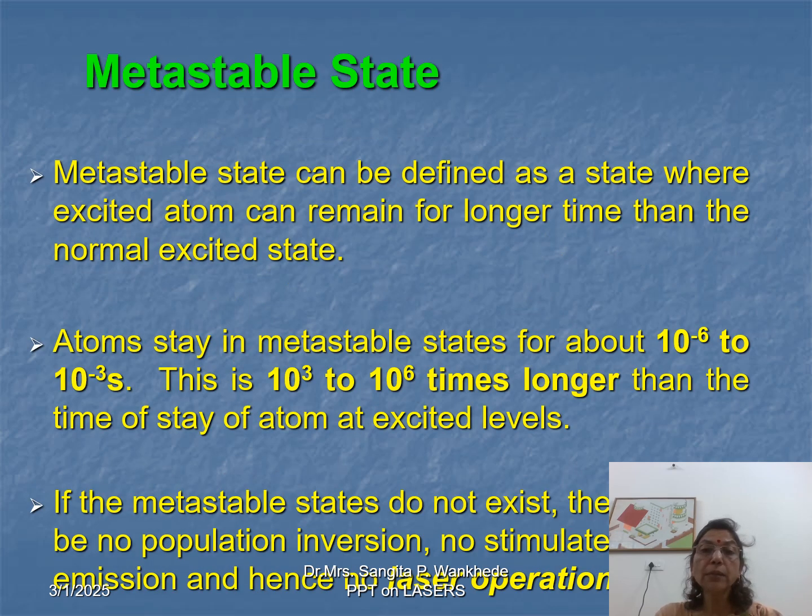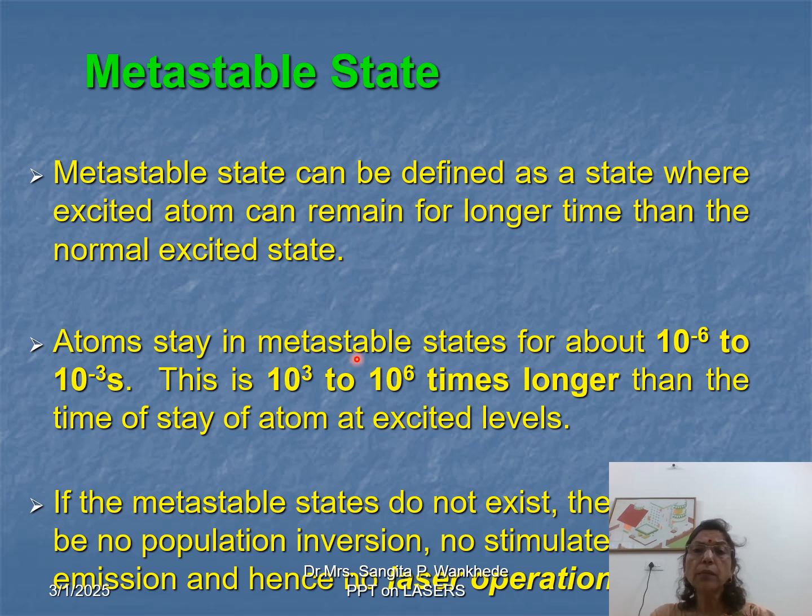Then what is a metastable state? As we have seen, in the excited state atoms do not stay for a longer time, but for light amplification N2 should be greater than N1. So the atoms should not leave the excited state quickly. One more state will be available, that is the metastable state, which lies in between the excited state and the ground state.